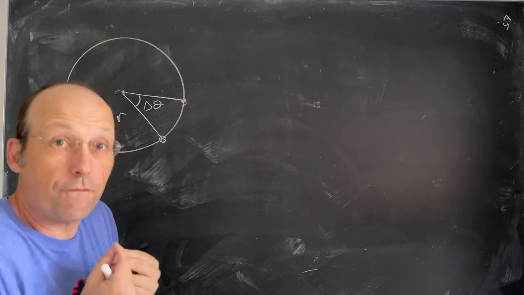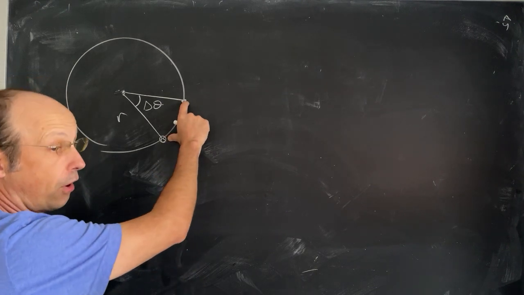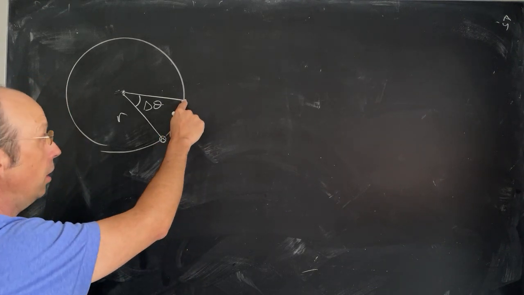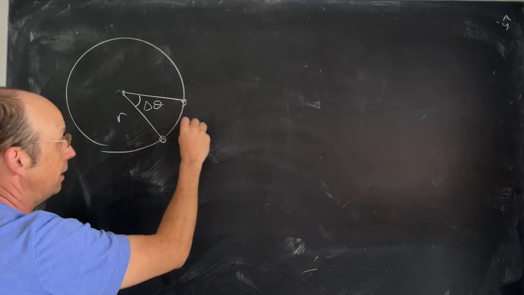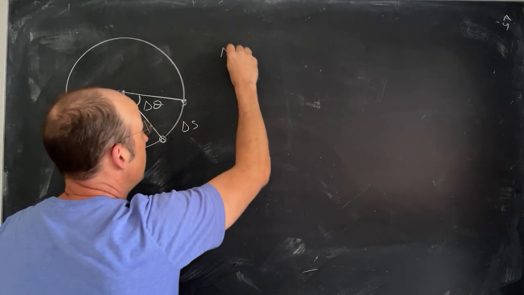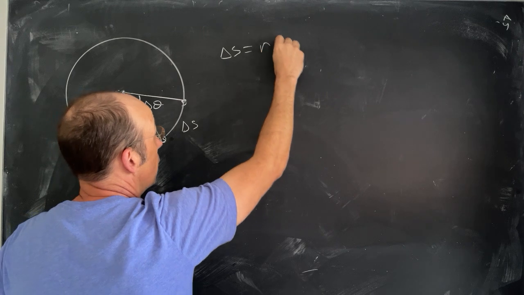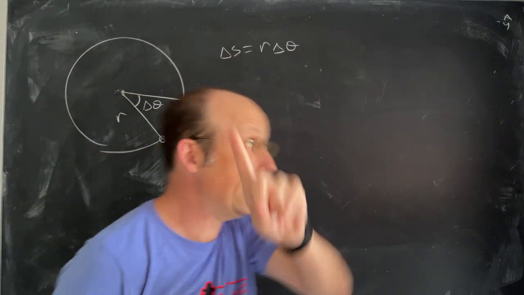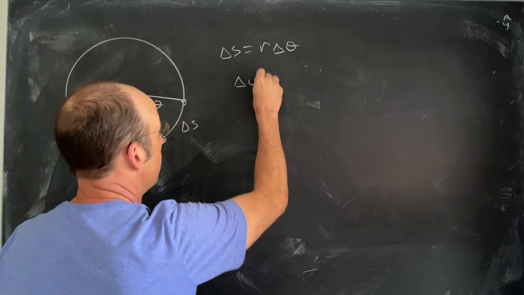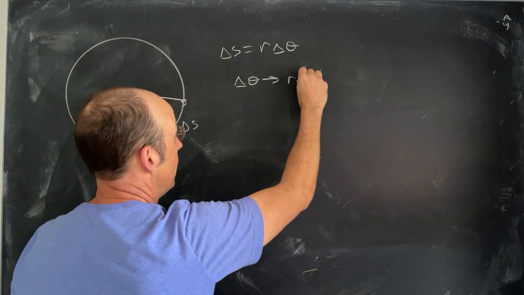Well, the question is, how far did it go? How far is it from here to there? Well, that's just the arc length of that circle. So I can write this arc length, I'll call it delta s. Delta s is r delta theta, if, and only if, delta theta is in radians.